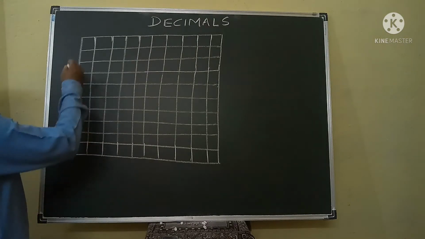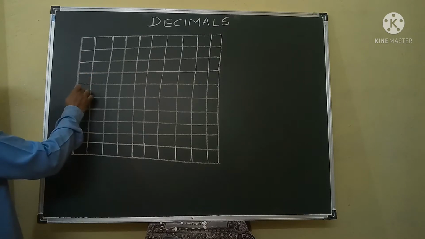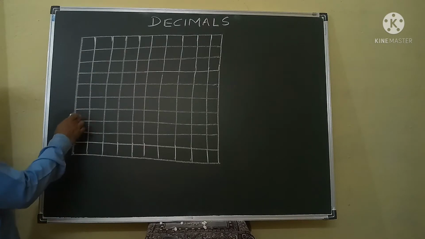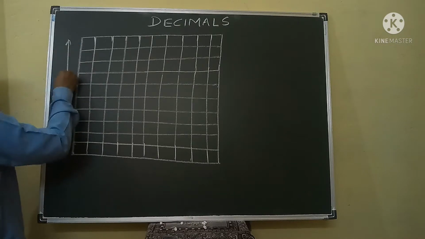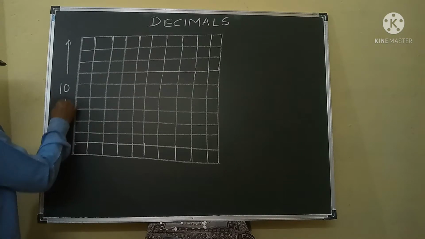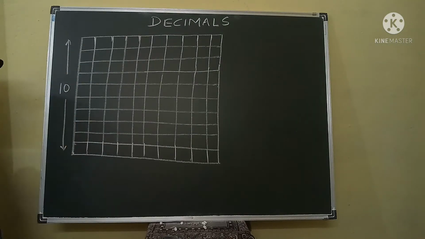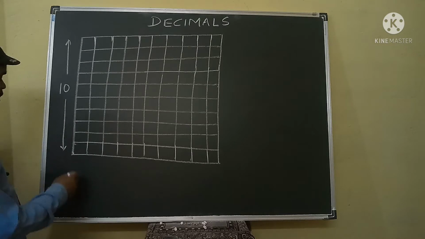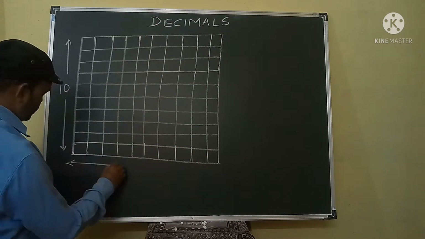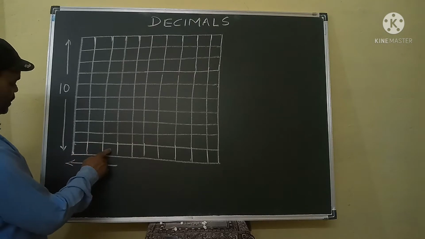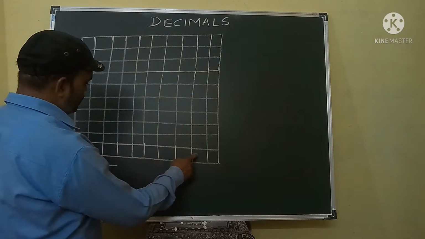Now look here, this is 1 2 3 4 5 6 7 8 9 10. In the vertical line this is 10 blocks. Now we will count in the horizontal line. 1 2 3 4 5 6 7 8 9 10.